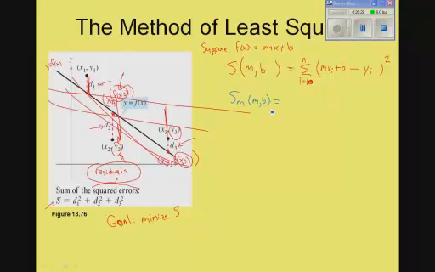What's that going to equal? It's going to equal the sum, i equals 1 to n, because you could do it term by term. And let's use the chain rule: 2, and then mxi plus b minus yi to the first power. And then the chain rule says I have to multiply by xi, because those are constants. The m was the variable, that's right. So we put xi in here. And then you have it.